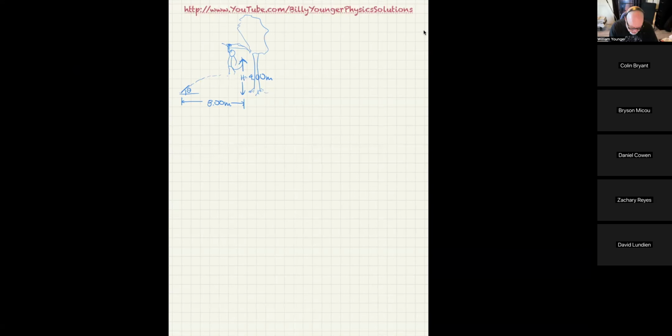Make sure I have enough time to do this. 4 times 4.9, 16 times 4.9. Yeah, that should be fine. I was planning on doing this with numbers, but I hadn't worked out the numbers, so I just want to make sure everything works out all right with this. 4 times 2 divided by 9.8, square root, that gives me 0.816.